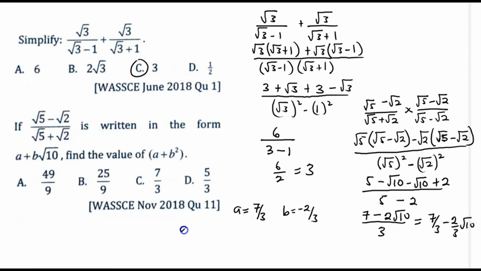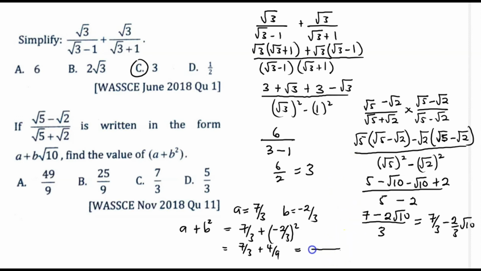Therefore, finding a plus b all squared, we have 7 on 3 plus negative 2 on 3 all squared. That will give us 7 on 3 plus 4 on 9. So when you add 7 on 3 plus 4 on 9, what are we getting?